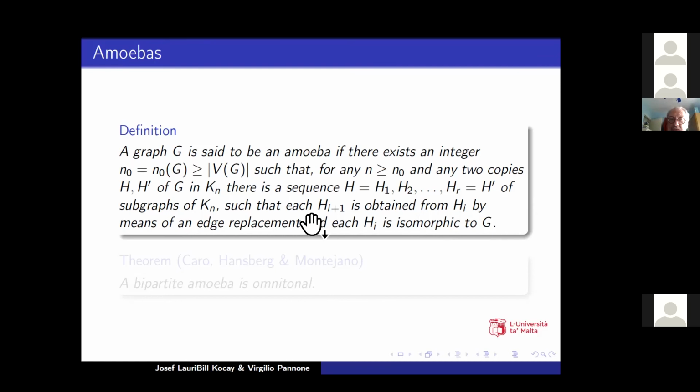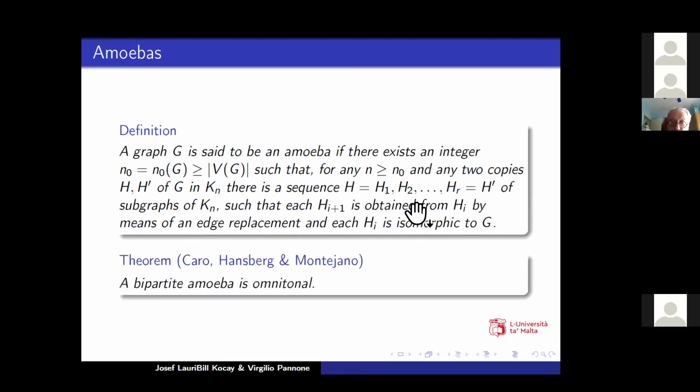Each H_i is obtained from H_{i-1} by means of an edge replacement, and all of them are still isomorphic to G. That is what they call an amoeba.